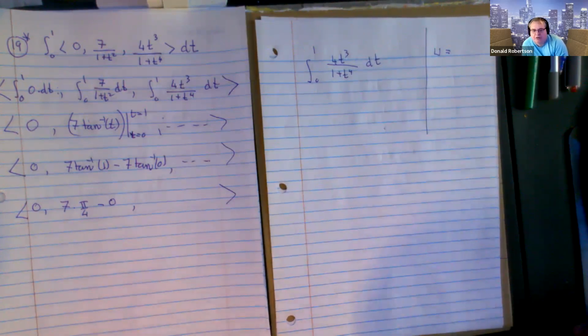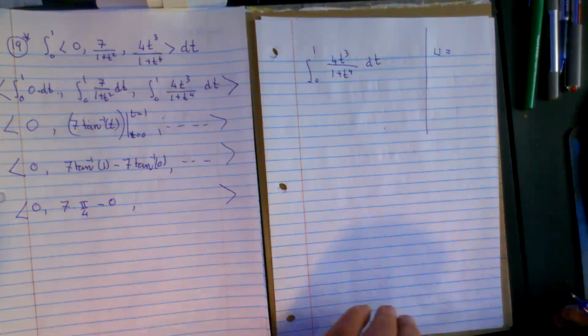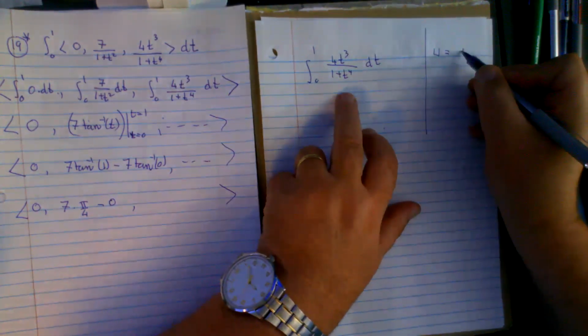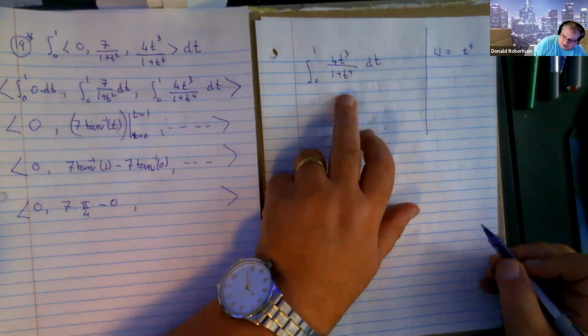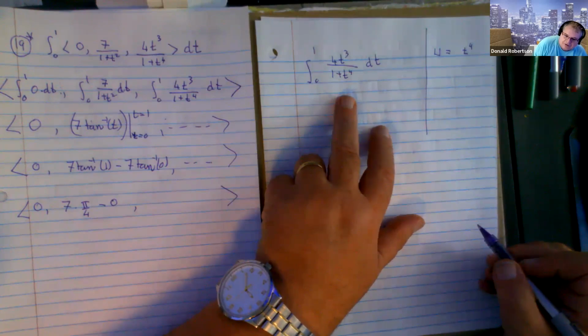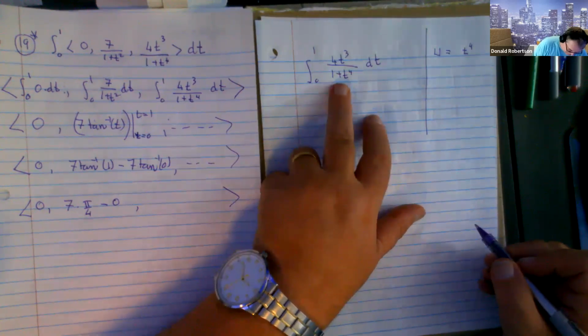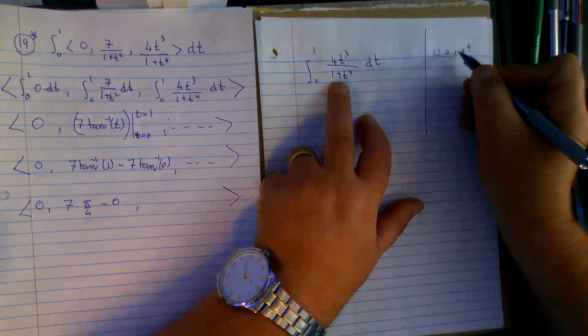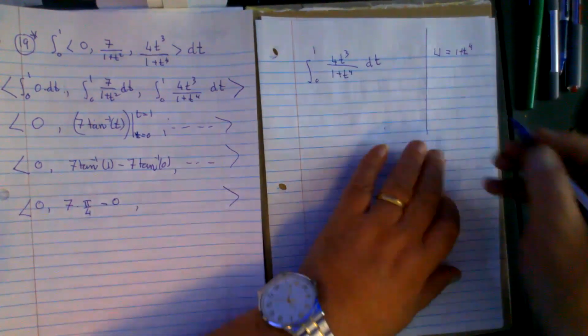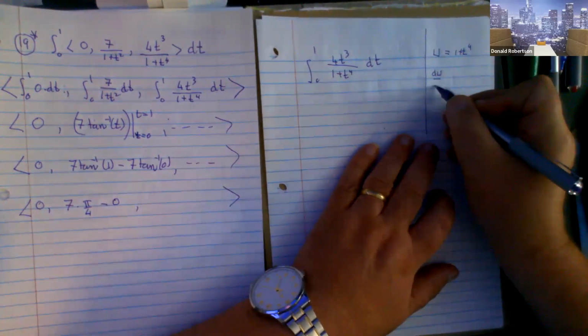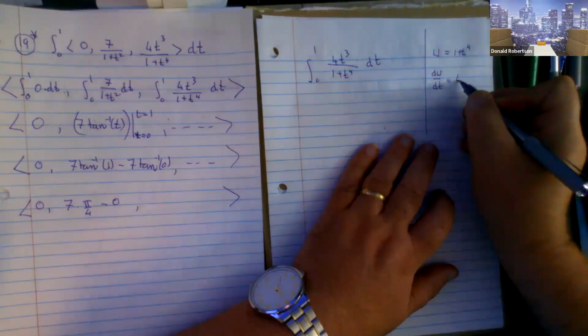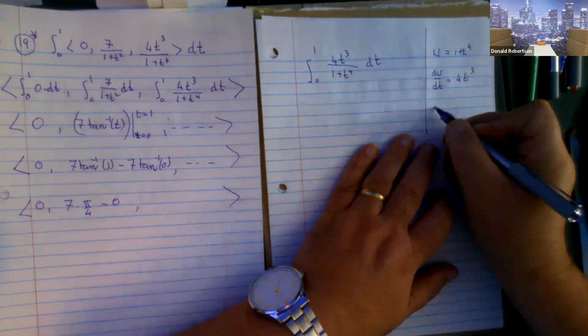So who is it? t to the fourth. You want to add a little piece to that and it's good. 1 plus t to the fourth. Well done. So if you differentiate then with respect to t, you get 4t cubed.